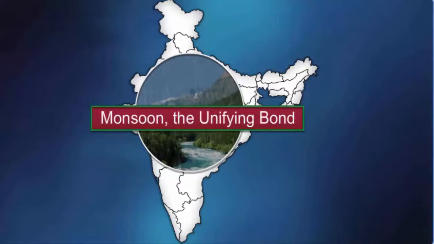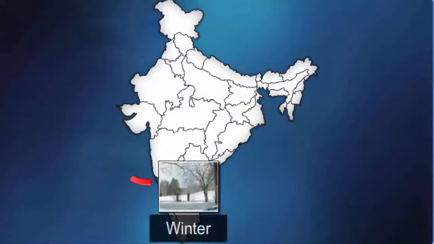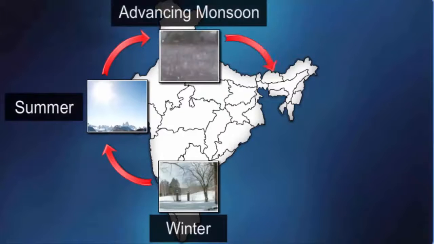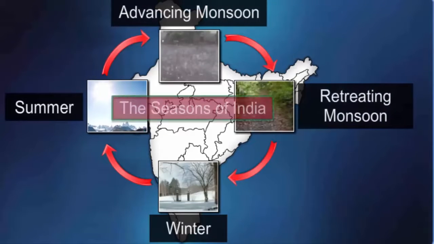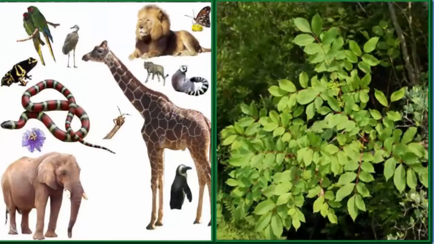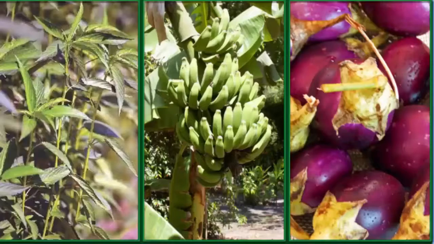The rhythmic cycle of seasons results from the seasonal alteration of the wind systems and the associated weather conditions of monsoon. The phenomenon of monsoon is an integral part of the Indian landscape: animal and plant life, agriculture calendar, and the life of the people and their festivities.